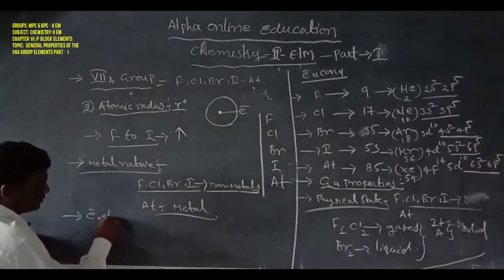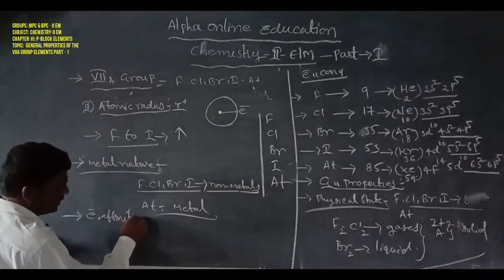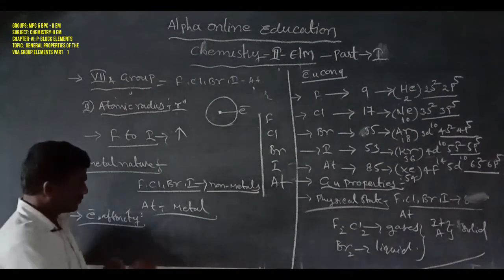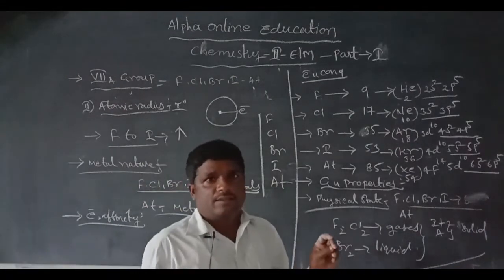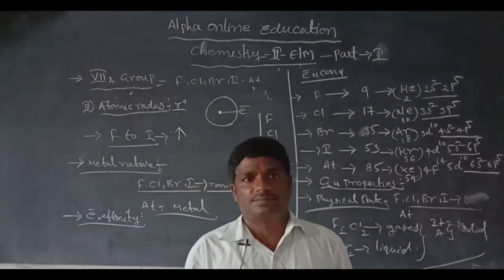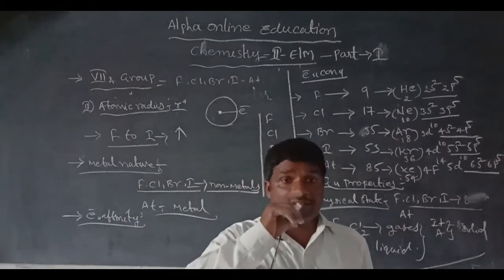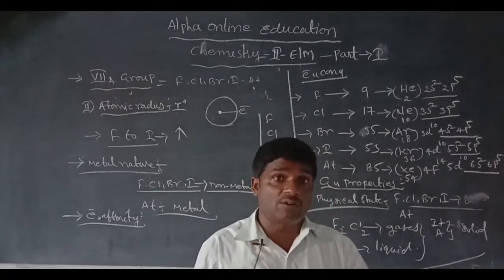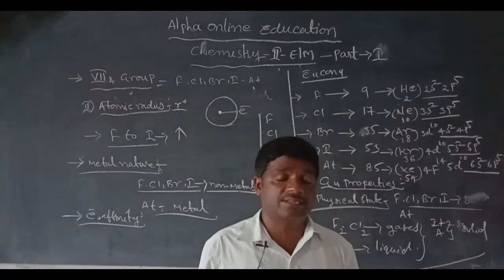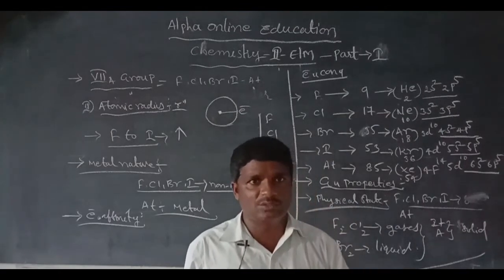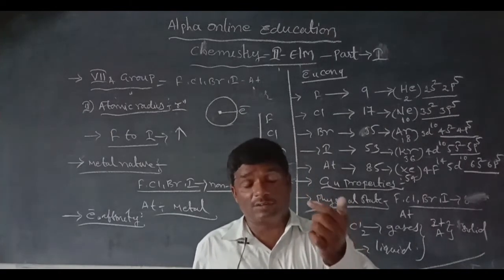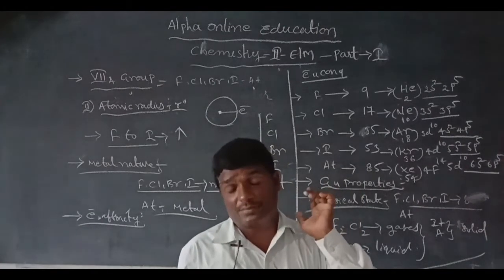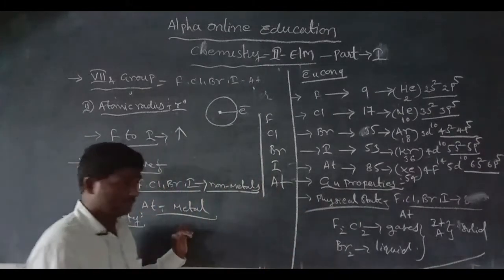Next, another property: electron affinity, EA. In any atom, when one electron is added to the outermost shell of an isolated neutral gaseous atom, that energy change is called electron affinity.